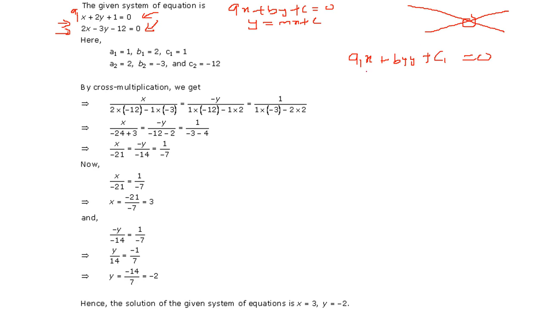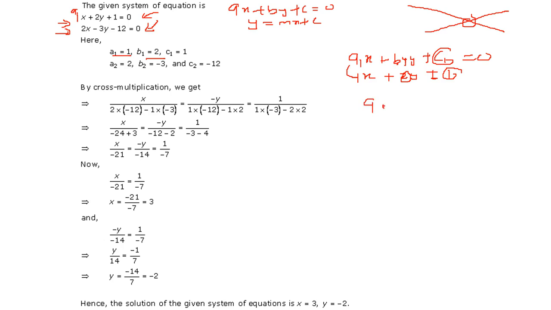So what is the first equation? x plus 2y plus 1. So a1 is 1, because the coefficient of x is 1. Now what is b1? It is 2, the coefficient of y. What is c1? It is 1. We have to take the sign also, okay? So c1 is 1.